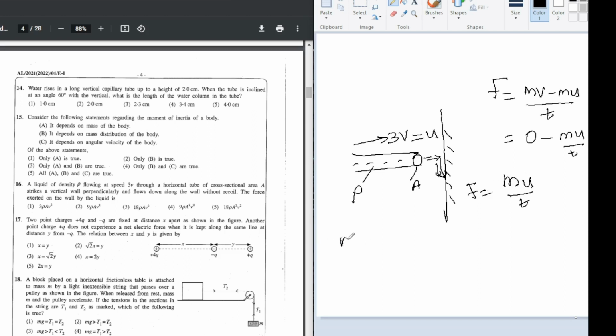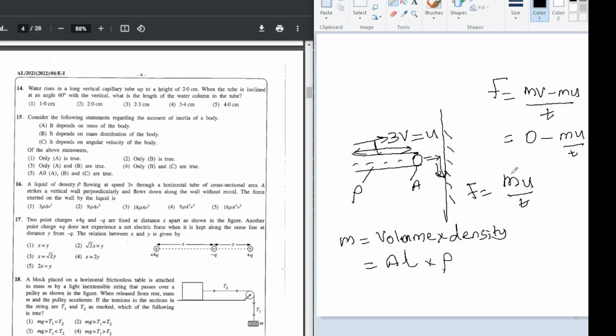So the mass is volume into density. Consider the length of the tube is L, and then volume is AL into density rho.